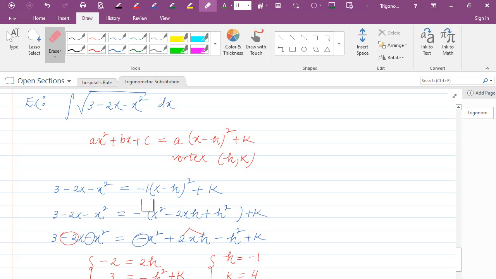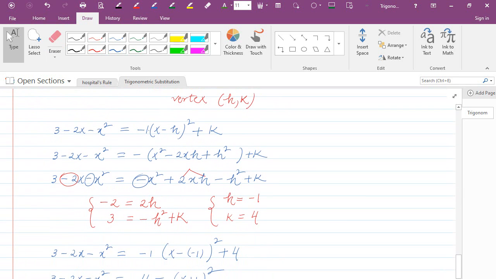And so now I want to rewrite this quadratic in this standard form by completing the square, right? So basically then what I have to do is find h and k. And one way to do it is we just FOIL x minus h squared, which is x squared minus 2xh plus h squared.